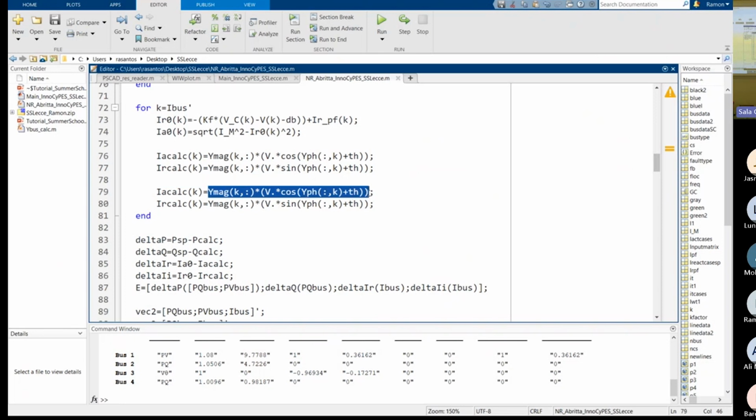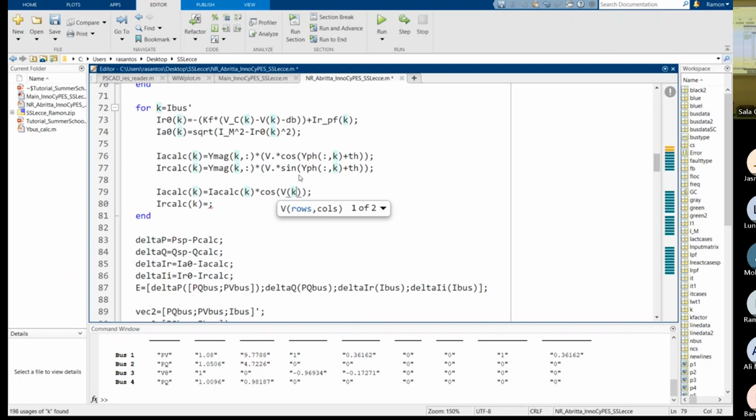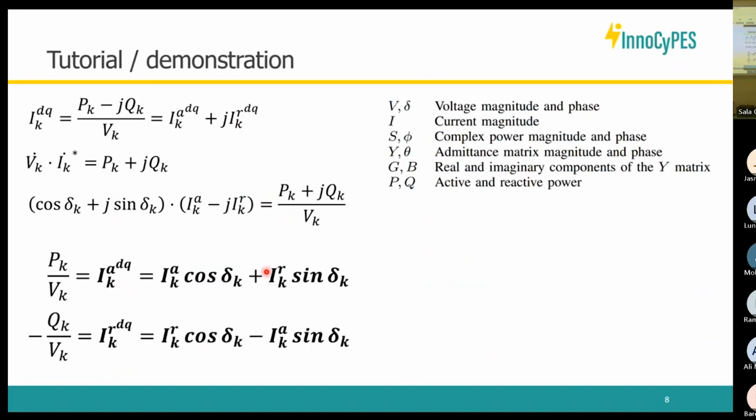So let me erase this. Plus the reactive current times the sine, but this is wrong. There should be the cosine and sine of the phase of bus K.